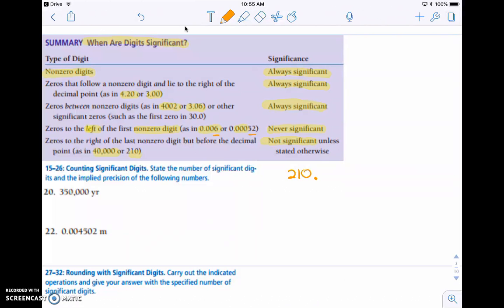They actually write the decimal with nothing behind it. Every once in a while you'll see that, and that just means we are significant all the way up to that 0. So this would be 3 significant digits, whereas 210 without the decimal would be 2 significant digits.